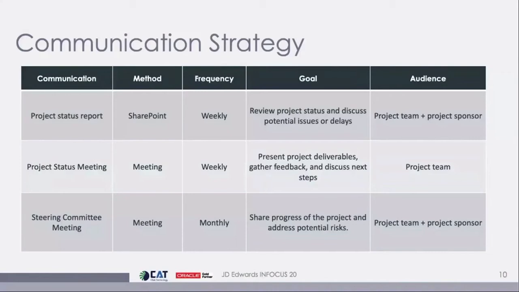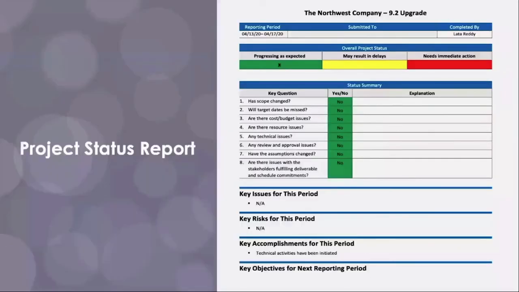This is just a view of our project status report, kind of the way that we go about this reporting. We have a red yellow status summary with things such as target dates, cost, technical issues. We walk through any key issues, any key risks, the accomplishments, and then what we're trying to do next week, as well as, from a financial standpoint, financial health.